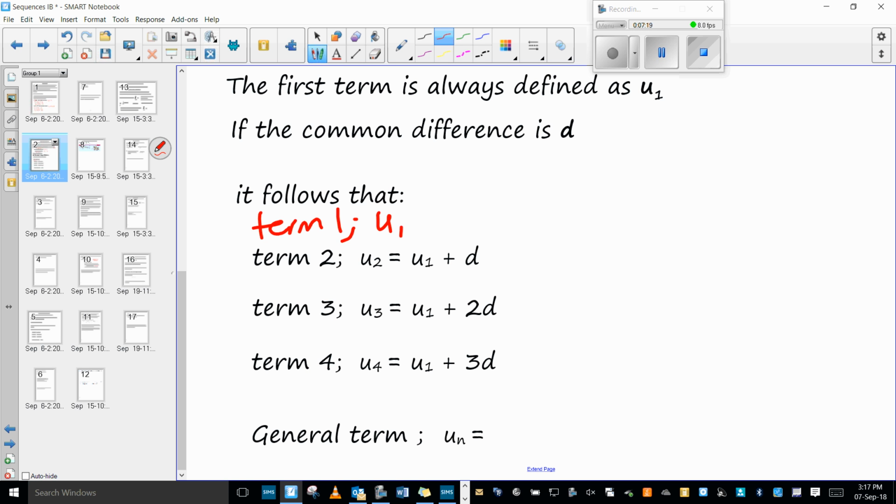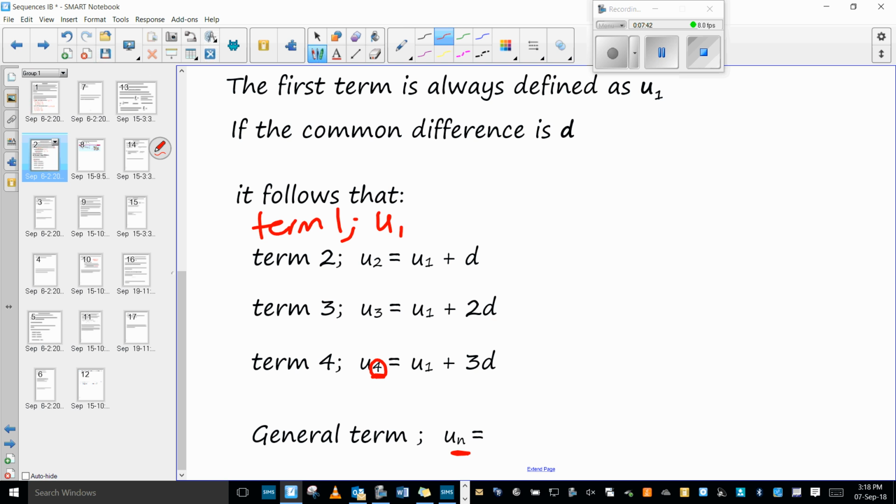What I want you to do now is to start connecting this number here with anything here. What kind of pattern can I write for UN? I want to write it for any term number. What do we see in each of these? U1.